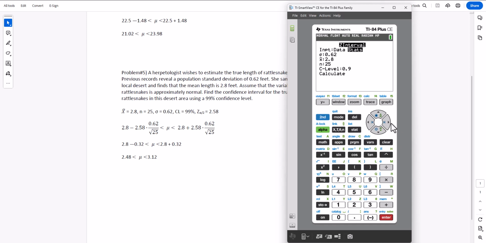Confidence level is 99%, so we have to type 0.99. Click on calculate and hit enter, and we get 2.48 to 3.12. So you have a streamlined process if you're using the TI-84 Plus calculator.